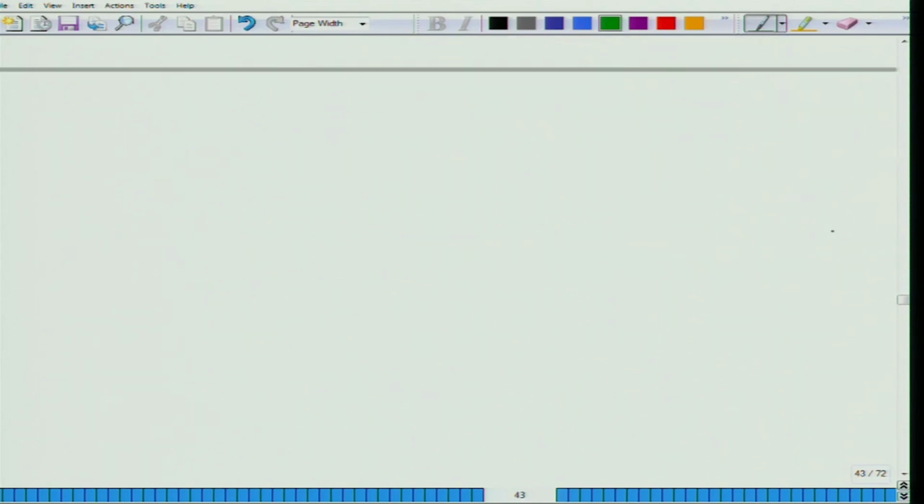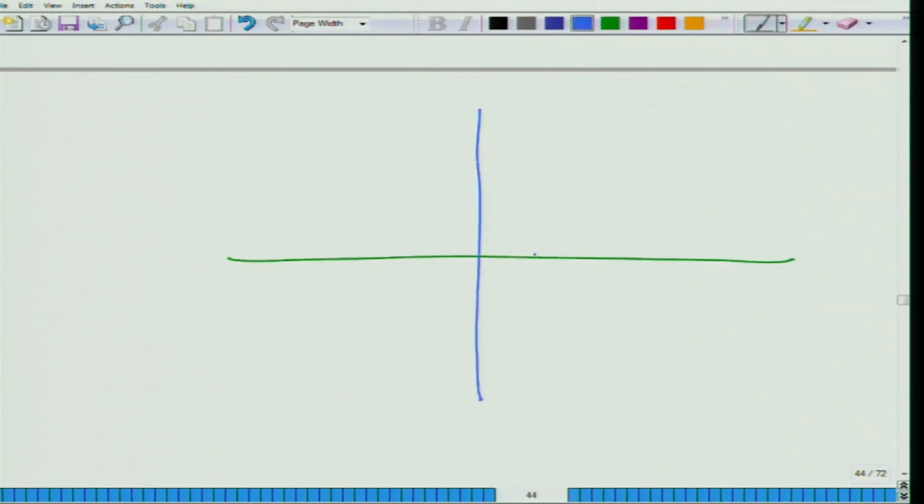Okay. And I can represent the levels of A1 on the x axis. So, here I have A, minus A, 3A, minus 3A. Similarly, on the y axis I have the levels of A2: A, 3A, minus A, minus 3A.